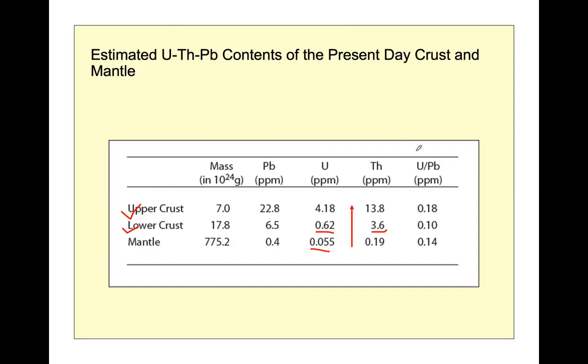And also, if you consider the uranium and lead ratio, since uranium is enriched in the crust, it should give relatively lower uranium and lead ratios, right? So that's why here you see just 0.1 in the lower crust and 0.18 in the upper crust, but in the mantle it's 0.14, still intermediate to these two. It's because although uranium is more incompatible, lead is not that incompatible compared to the crust when you consider crustal and mantle values.